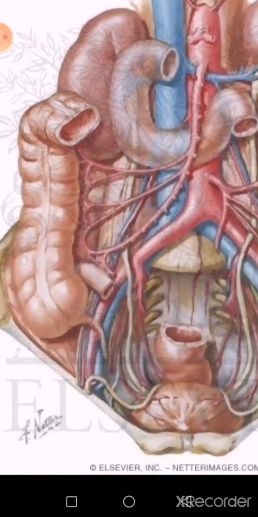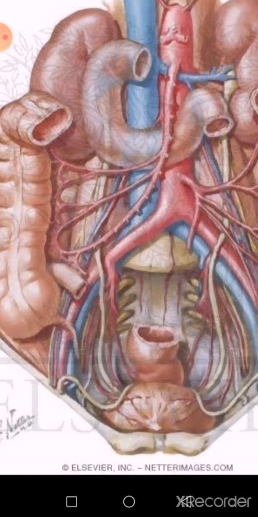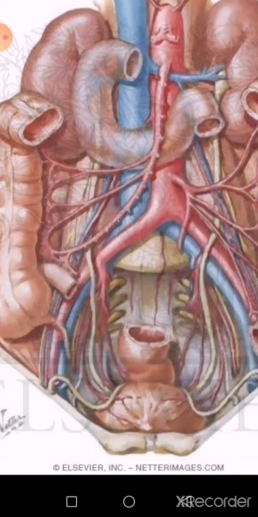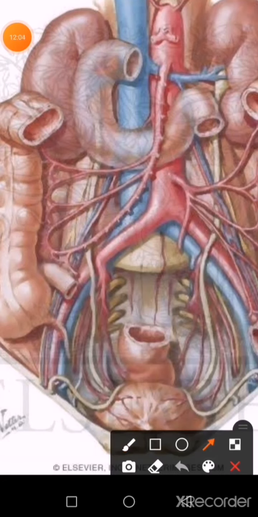So now let's talk about the medial relations. On the right side there is the inferior vena cava, and on the left side we have the left gonadal vein, and further medially the inferior mesenteric vein. So the medial relation of the right ureter is very obvious, so that's not a problem.